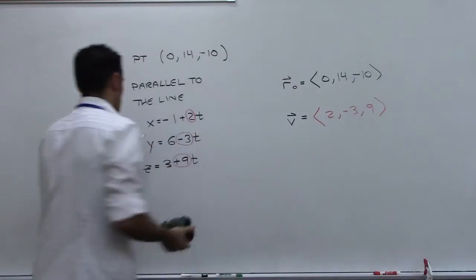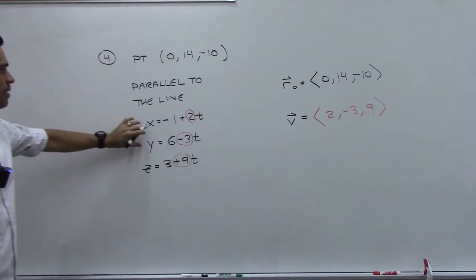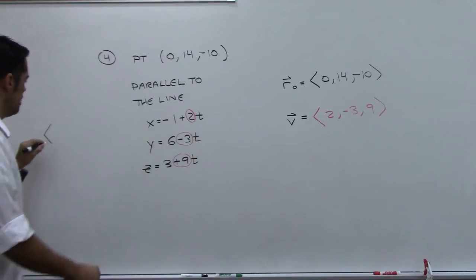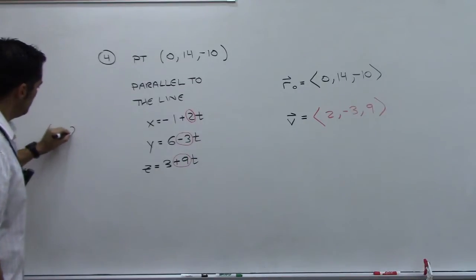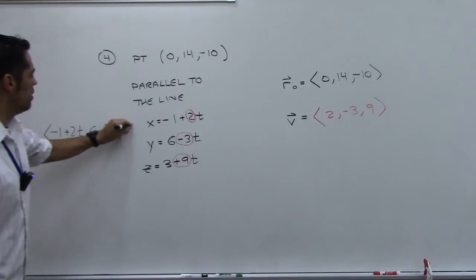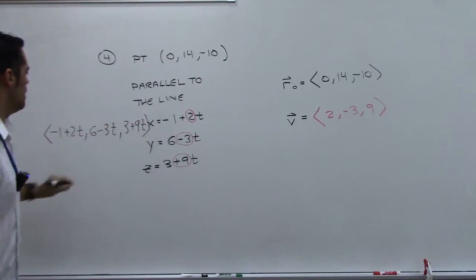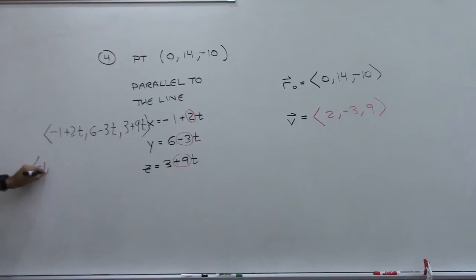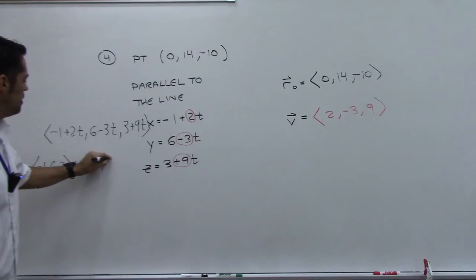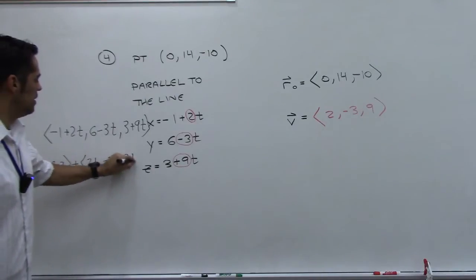Now, just to reiterate, if I were to take this back and try and rewrite this as a line in vector, the vector equation, I have negative 1 plus 2t, 6 minus 3t, 3 plus 9t. And then what I could do is split that up: negative 1, 6, 3, plus 2t, negative 3t, 9t.